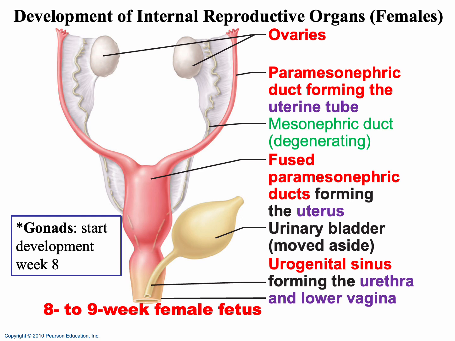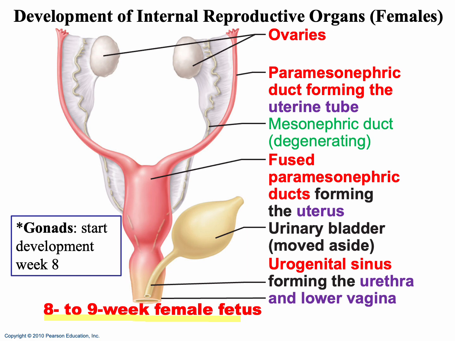Now taking a look at the female. We imagine now that the SRY gene is absent, so female genitalia will form. Here we're looking at week 8 to 9 of the female.